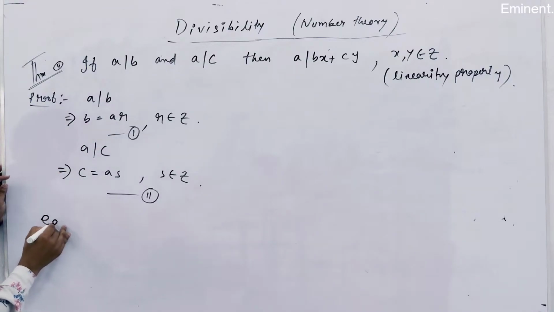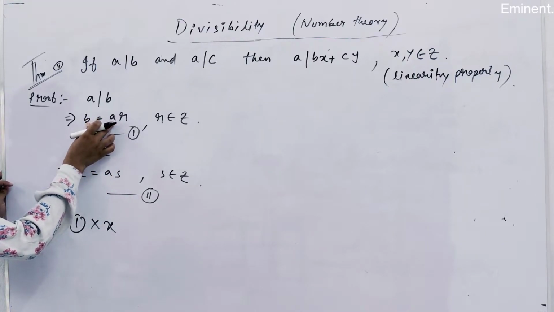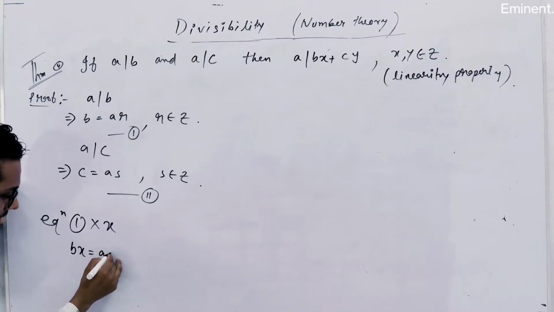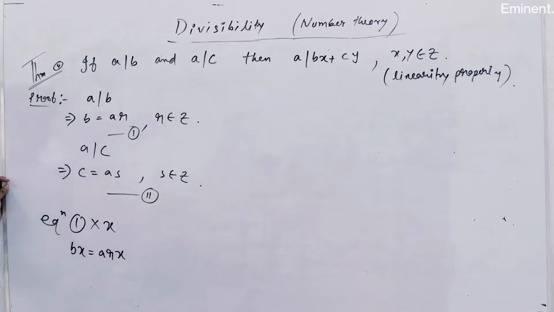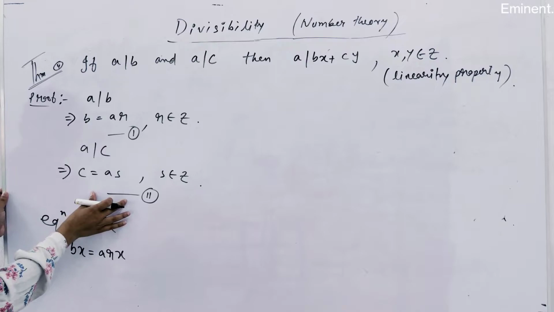Let us multiply x with equation 1. It will be Bx equals ARx. And let us multiply y with equation 2.